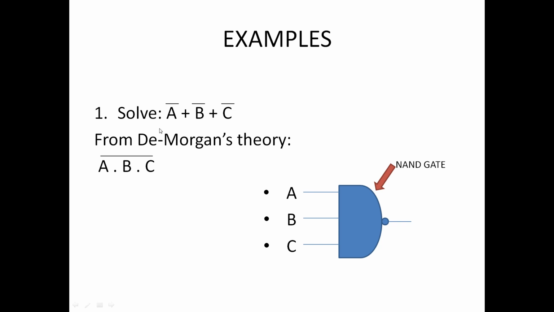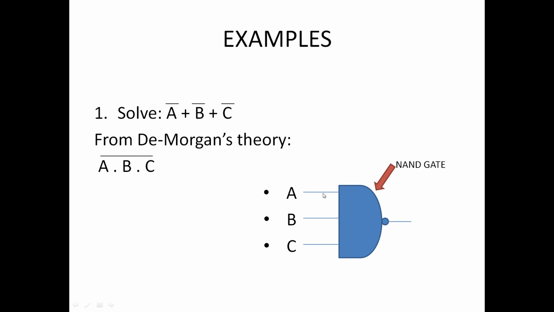We have a few examples. Solve not A, or not B, or not C. From De Morgan's theorem, this statement is equal to saying not A and B and C altogether. So, since it's equal to this, let's implement this statement schematically.